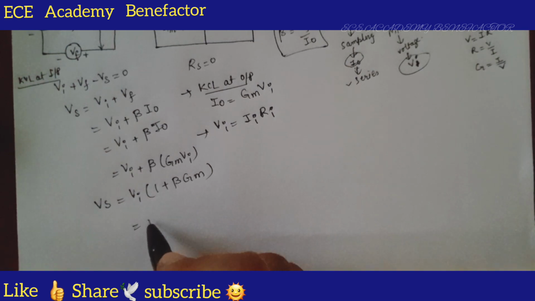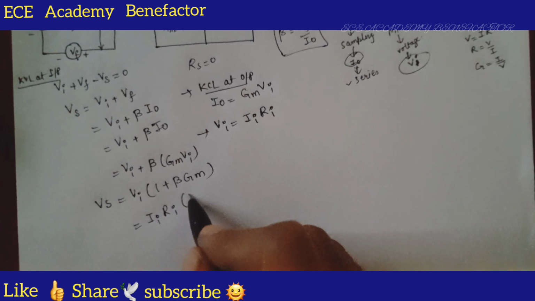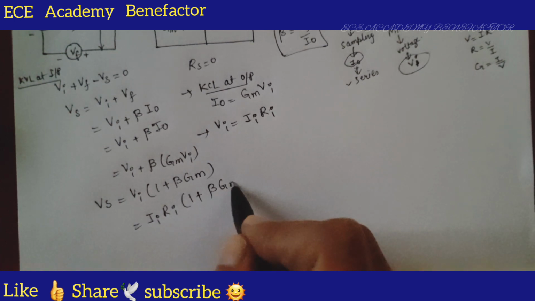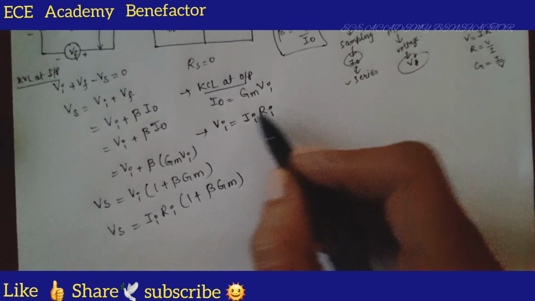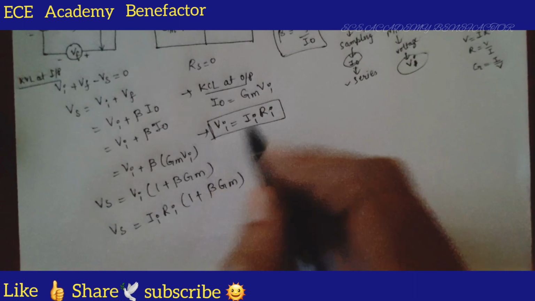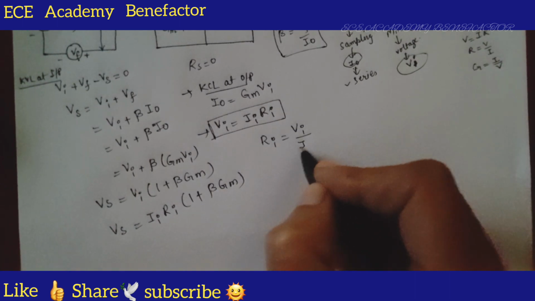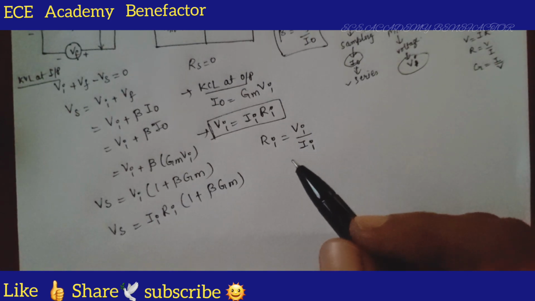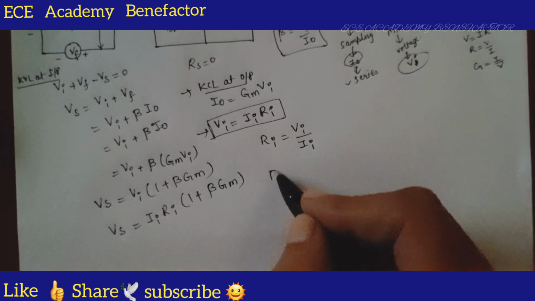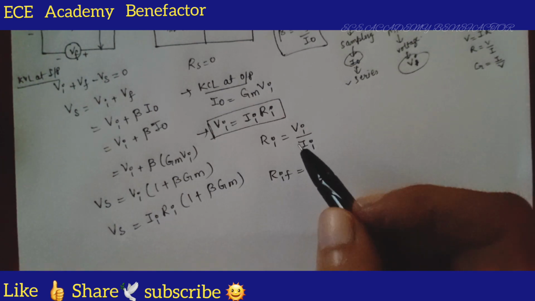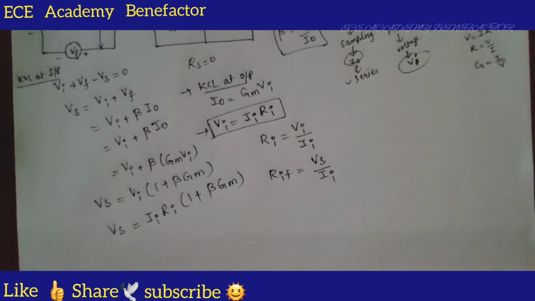And what is Vi? Vi is equal to Ii Ri. 1 plus beta GM. This is Vs. Based on this definition, what is Ri equal to? Ri is equal to Vi by Ii. This is the input resistance of the transconductance amplifier. What is RIF? RIF will be equal to Vs by Ii.